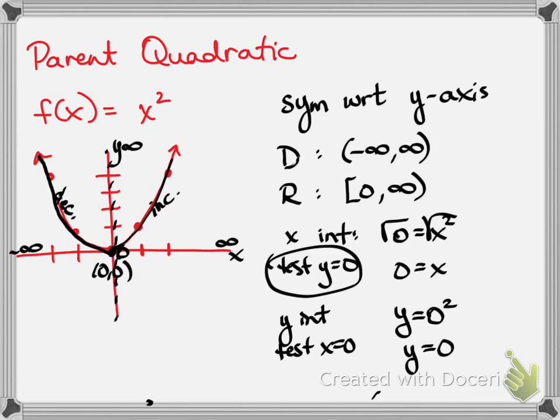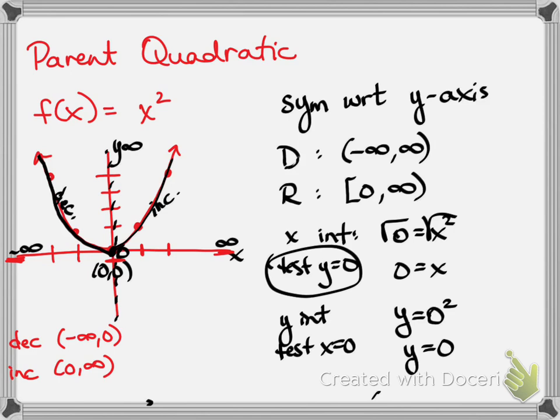So we use x values for decreasing and increasing. So I've already got my x-axis labeled. I've got my farthest, my minimum point, and then my farthest to the right. So we decrease from negative infinity to 0, and we increase from 0 to infinity. And decreasing and increasing intervals are always parentheses.